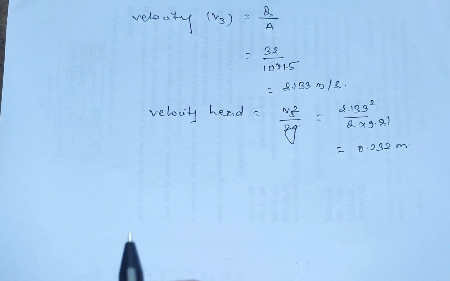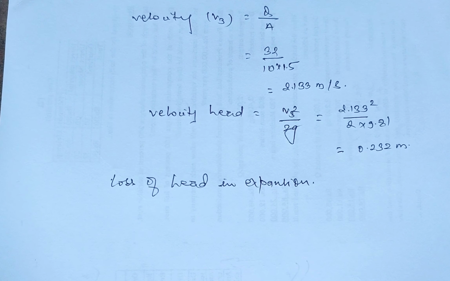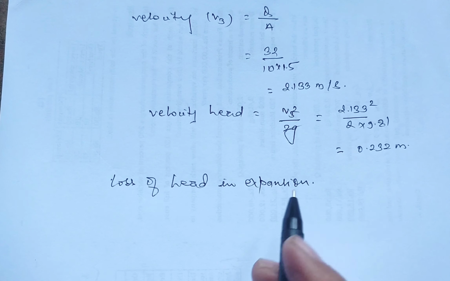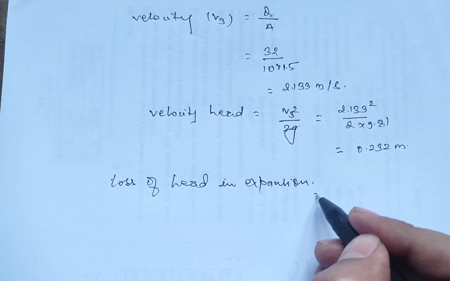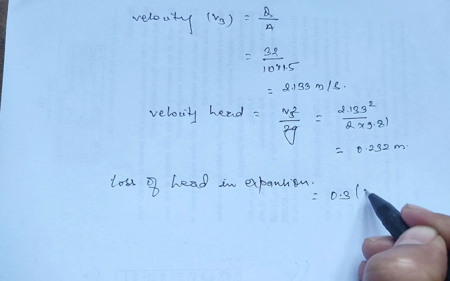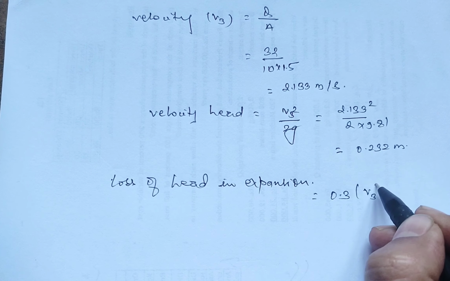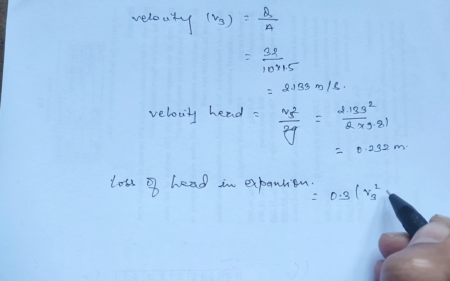And after this, we have to calculate the losses of head in expansion. That is, the head loss that occurs due to the expansion of the canal joint. The losses can be calculated as 0.3 times (v3 square minus v4 square) divided by 2g.